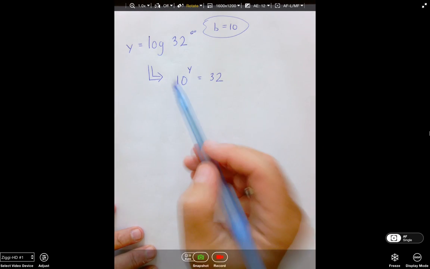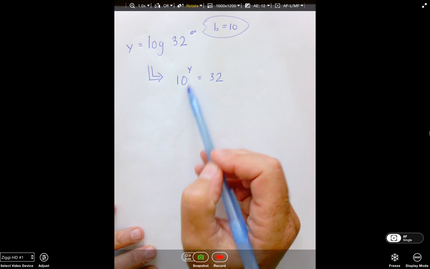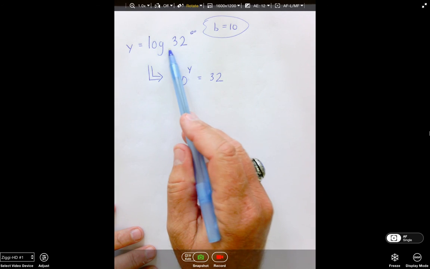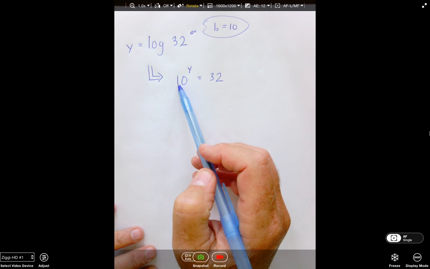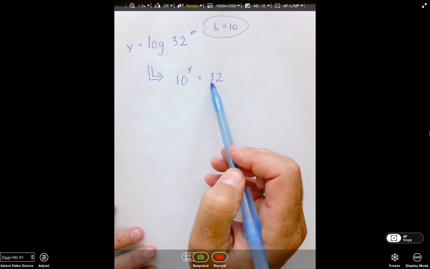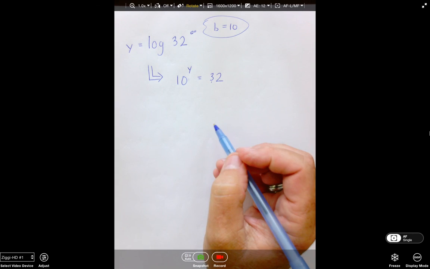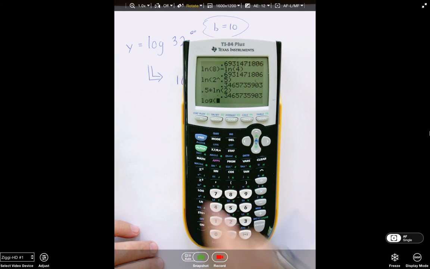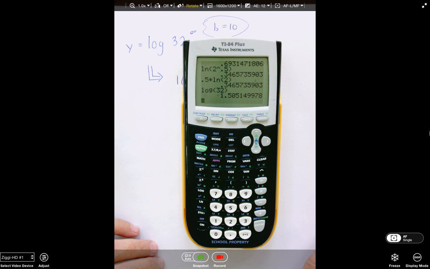It says that the base is not up for debate. When we have a log with no number there, it's given to be base 10 raised to the answer equals 32. So what we can do here is the log of 32 is 1.505 because 10 raised to that number is 32.